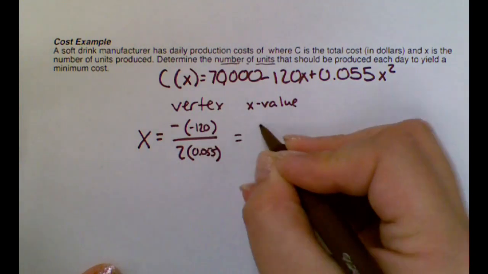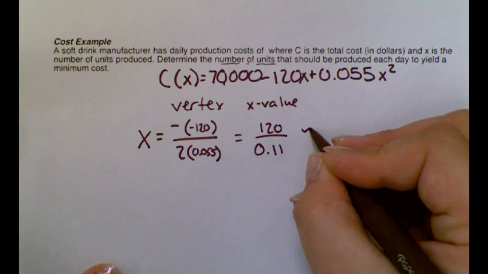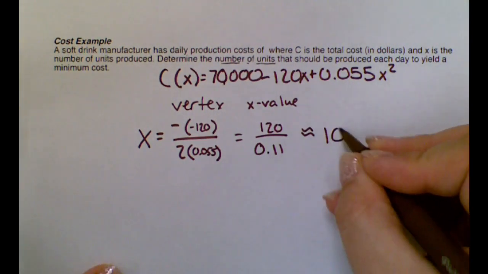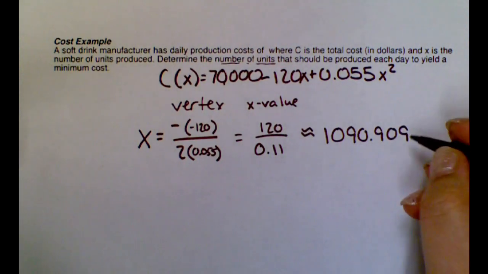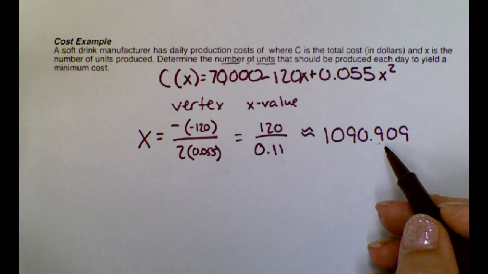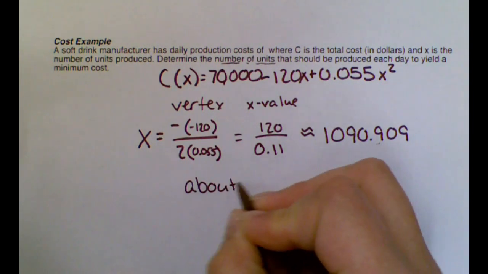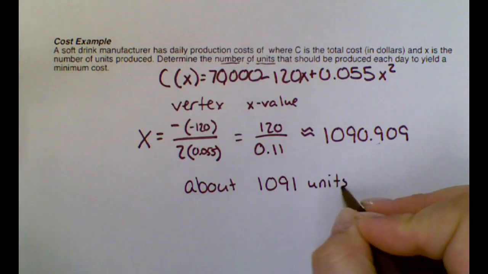So I have positive 120 over 0.11, which, typed in my calculator, is approximately 1,090.909. But I'm making soft drinks. I can't make 0.909 of a soft drink, so we're going to round it to about 1,091 units, whatever we want to call them.